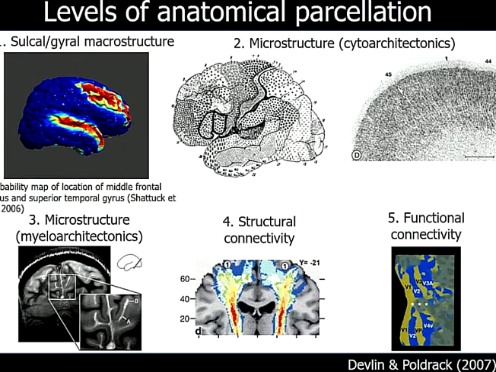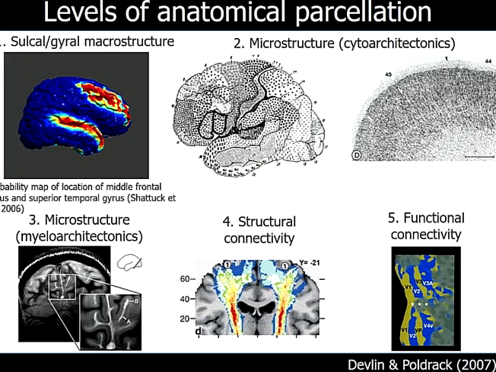Okay, so here are some types of anatomical parcellation then. We have macrostructure, so sulcal/gyral anatomy. This becomes less and less fun as you go more and more non-human and further away in evolutionary terms from the human brain.